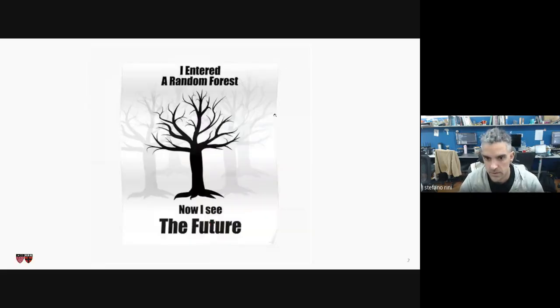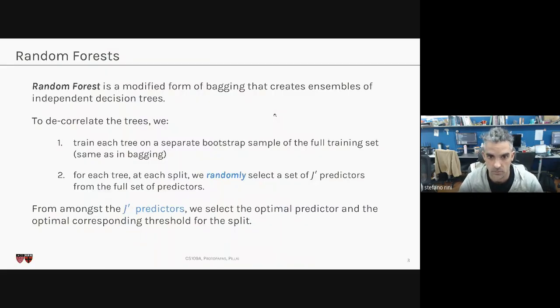So something that we can do is random forest. The idea is that you want to decorrelate the multiple trees that you have in an ensemble of trees in order to have more power in your test. And we said, well, how can we decorrelate them?